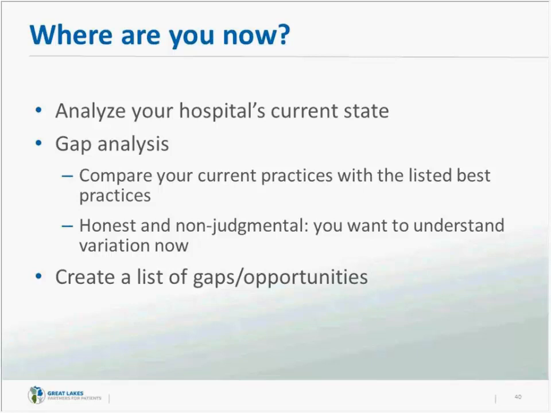Again, comparing your current practice with a list of best practices, and there are many more than the 5 that I just showed. Those are just examples of why I think it's important and what we found in Michigan. And, you know, this is not a judgmental sort of thing. You really want to understand what your variability is at your institution and how you compare to others in the coalition.